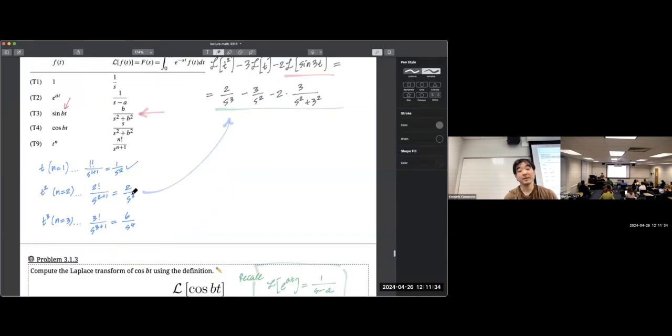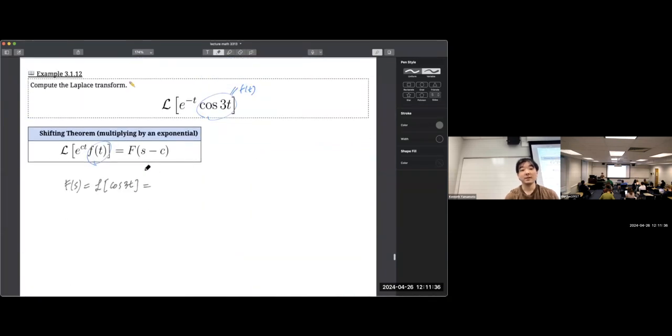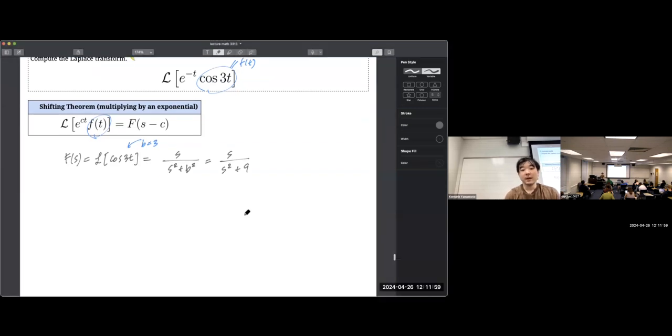So s over s squared plus b squared, and of course here b is equal to 3. So the Laplace transform of this is going to be s over s squared plus 3 squared, which is 9. So we'll just leave it as 3 squared.